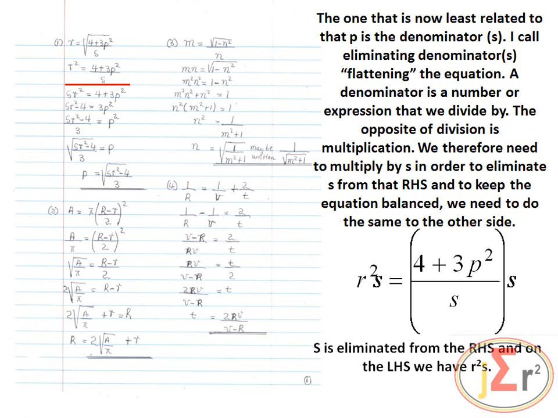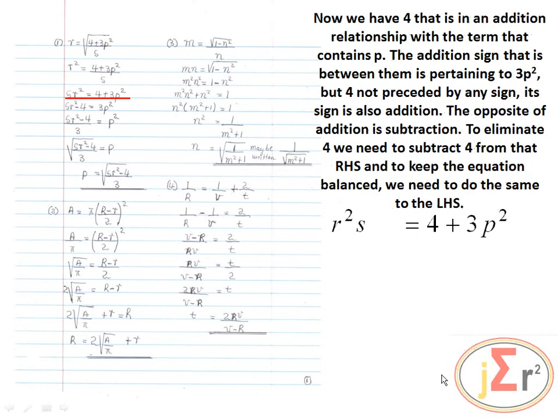So S is eliminated from the right hand side, and on the left hand side we have R squared S. So we have R squared S, and these are eliminated, and all that we have in the numerator will go back on that right hand side. Now we have 4 that is in an addition relationship with the term that contains P.